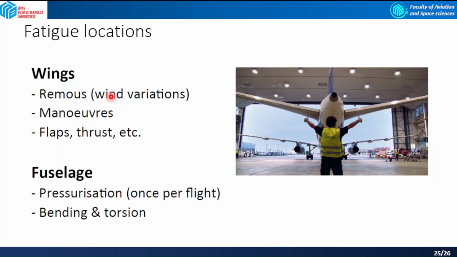It could be forces introduced by flaps or engines, the thrust force. When flaps are deployed during takeoff and landing to increase the lift, these are additional forces, and while engines generate thrust forces to propel the aircraft forward, these forces can impose additional stress on the aircraft structure.